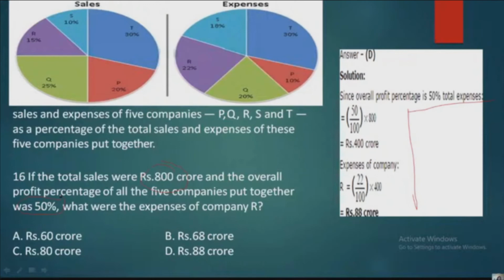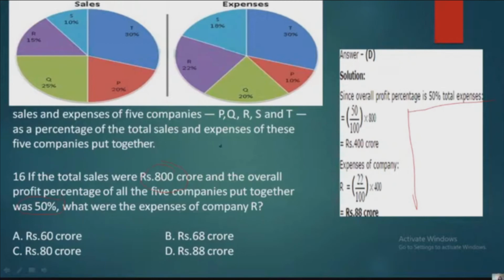So now see, if profit is 50%, that means expenses are the other 50%. Agree? If profit is 50%, then the expenses are 50%.